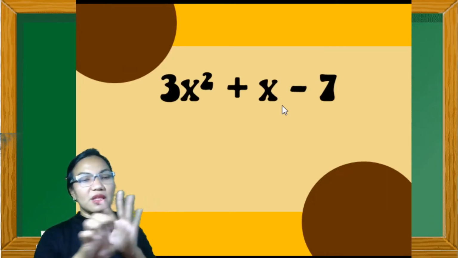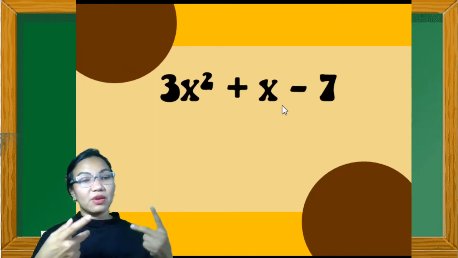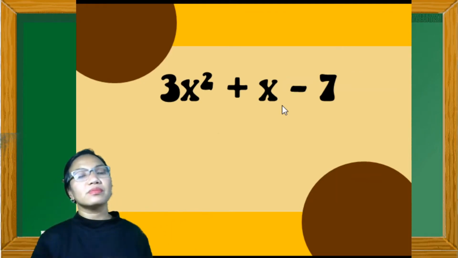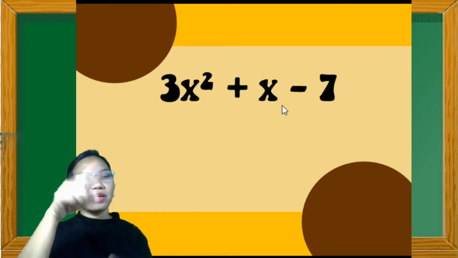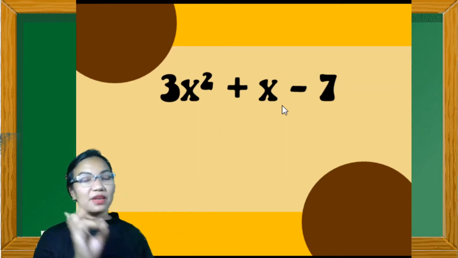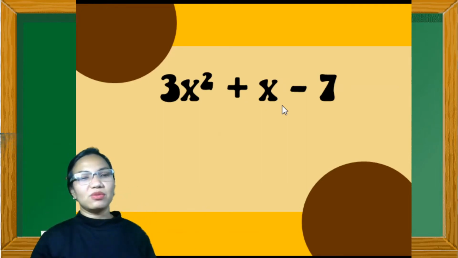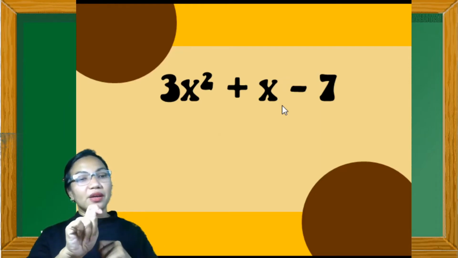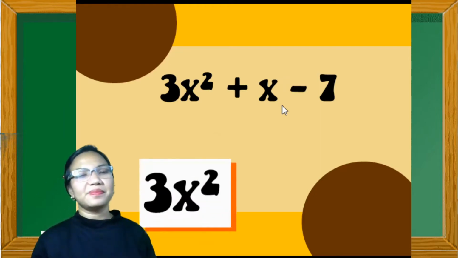Here on the first example, we have a trinomial expression, 3x squared plus x minus 7. Those consist of three terms.